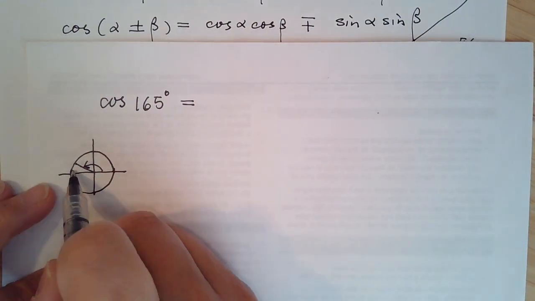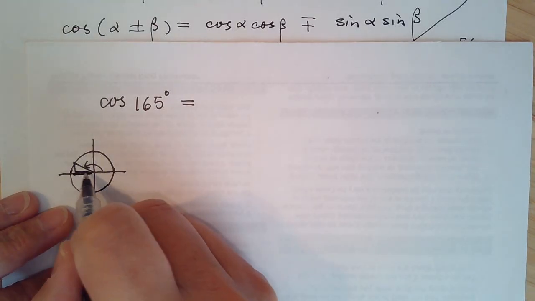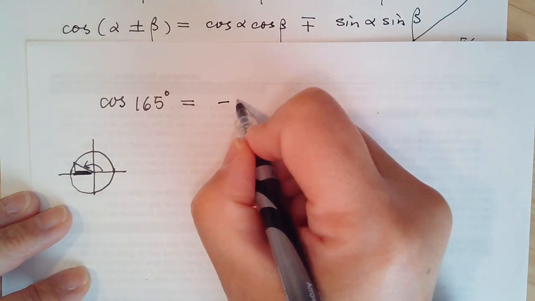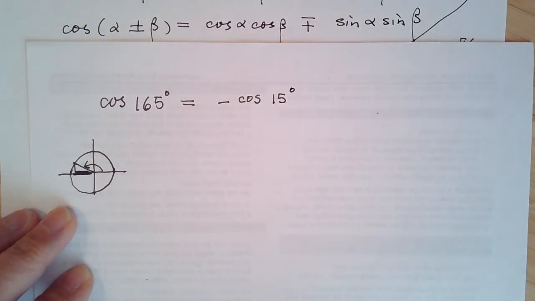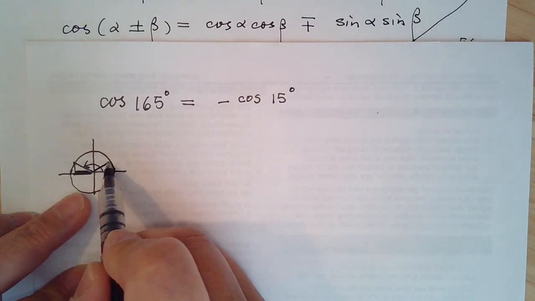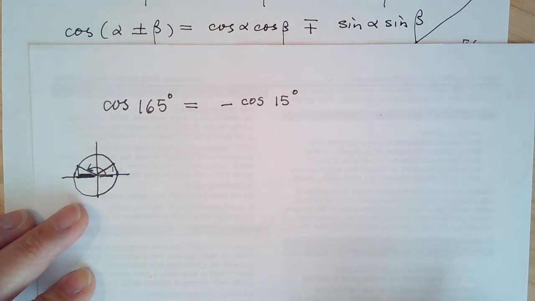And the cosine of that is this part, and it should be negative cosine 15 degrees. Would you agree? This is 15 degrees here, right? Because they're just opposite sides.